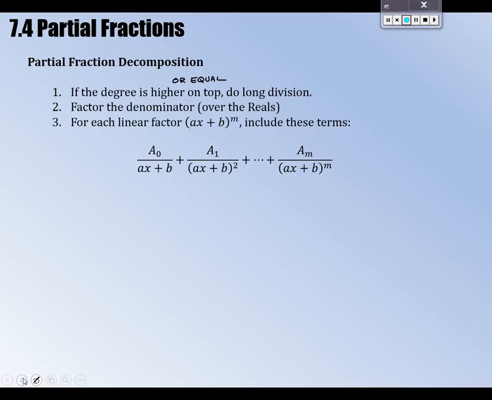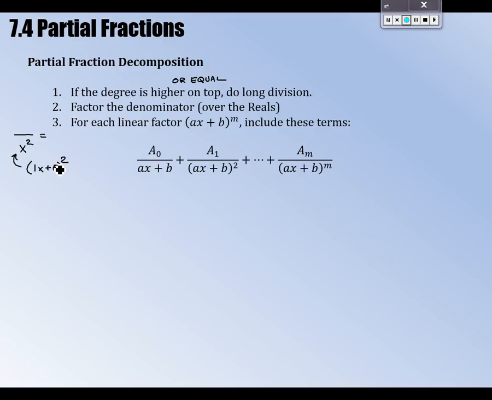So in the example I was just showing you, there was a factor of x squared in the denominator. That counts as a linear factor. You could say it's 1x plus 0 squared, right? It's this form.